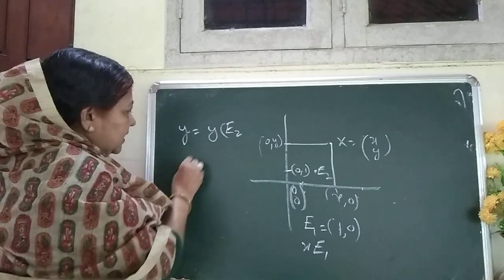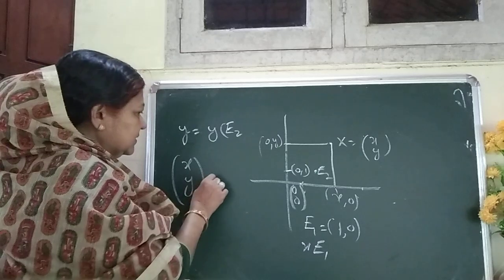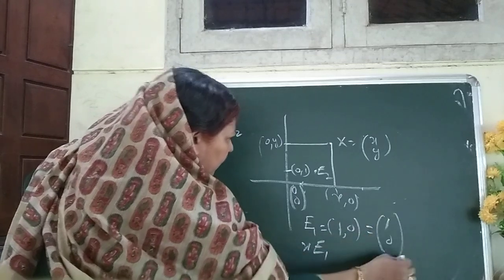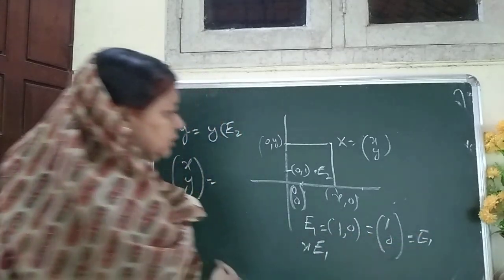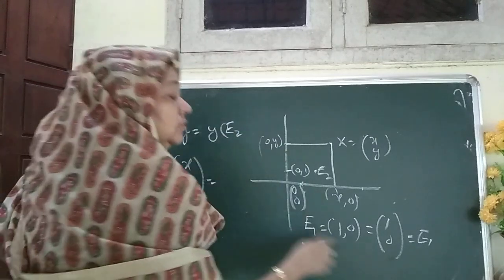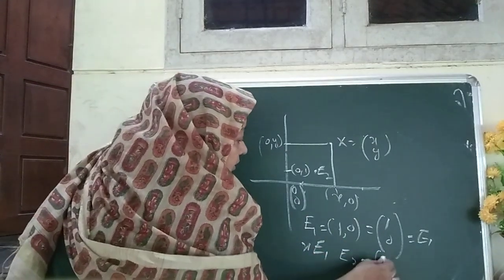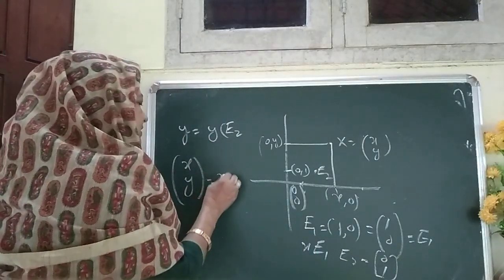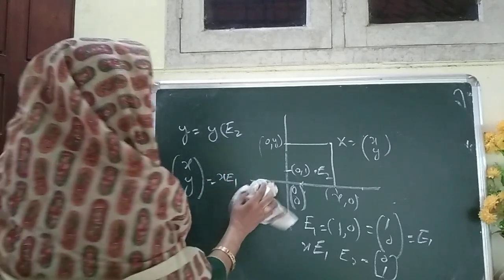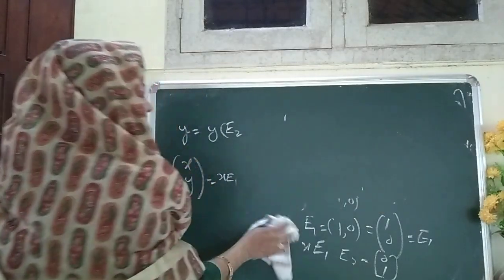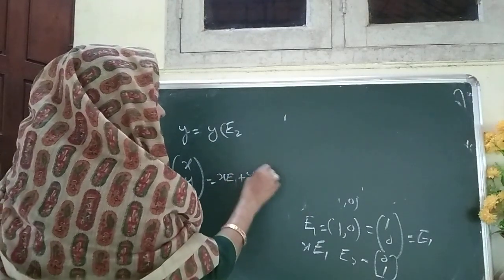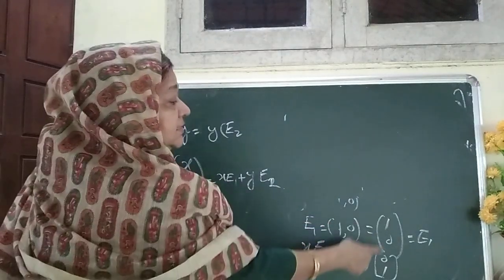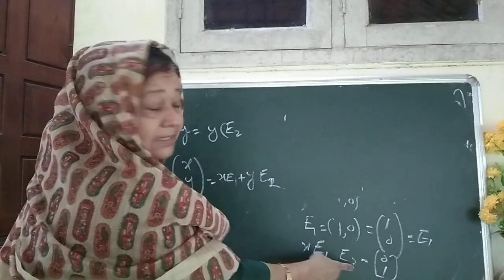Hence, this vector xy can be expressed as x into E1 plus y into E2, where E1 is the unit vector such that E1 equal to 1, 0 and E2 equal to the unit vector 0, 1.